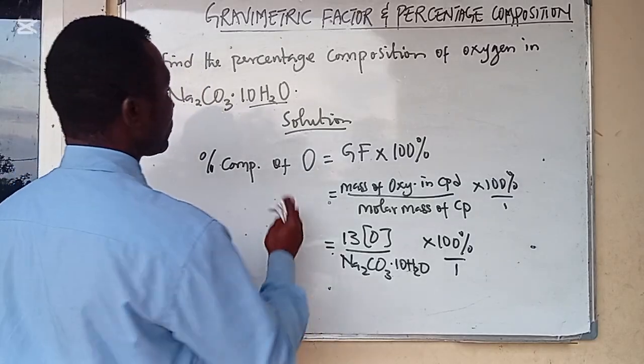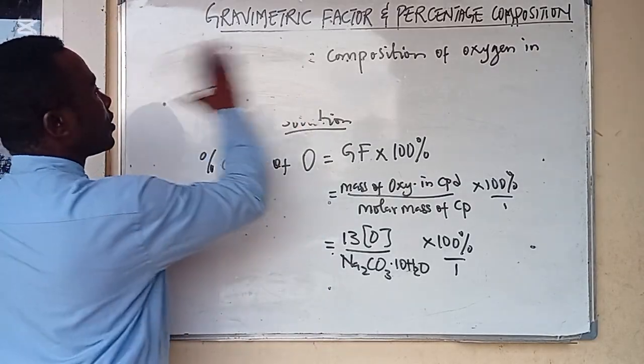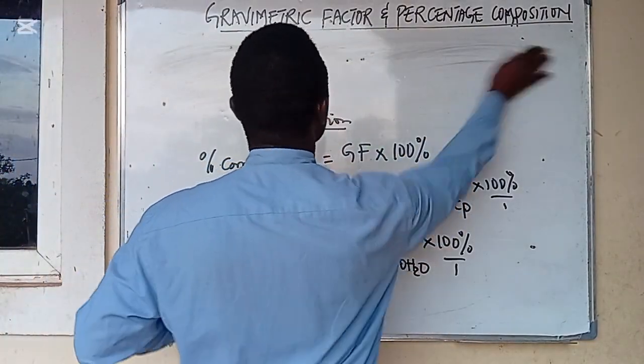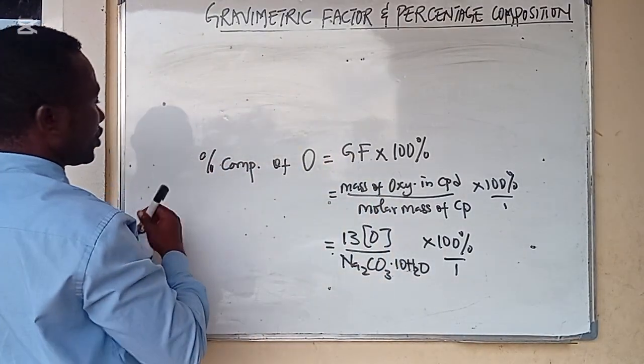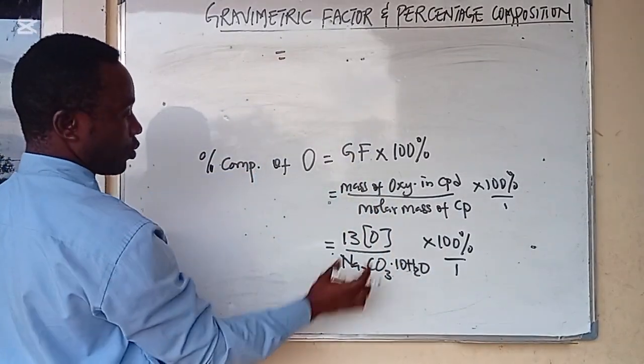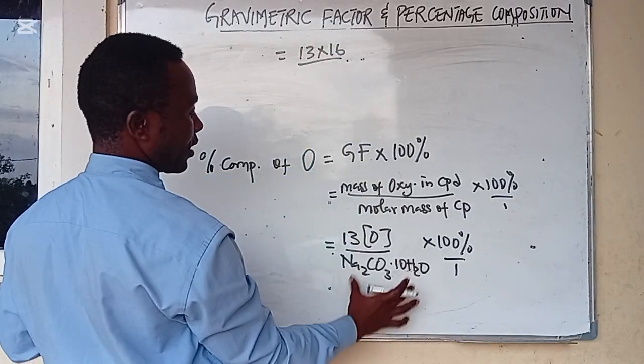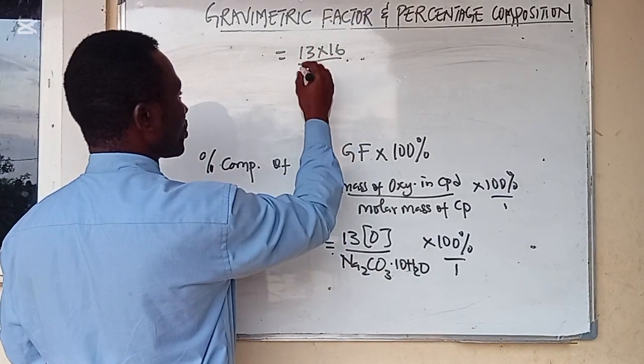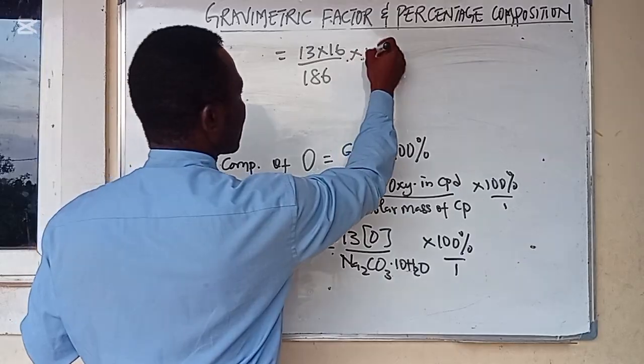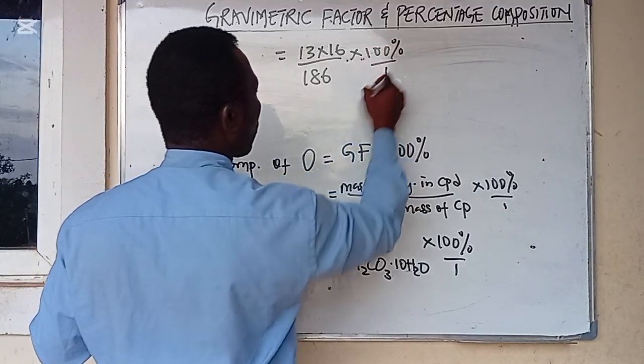Let us clean the board, this part. Now, we'll find that the percentage composition of oxygen will be equal to 13 times 16 over the entire compound, which is 286, then times 100% over 1.